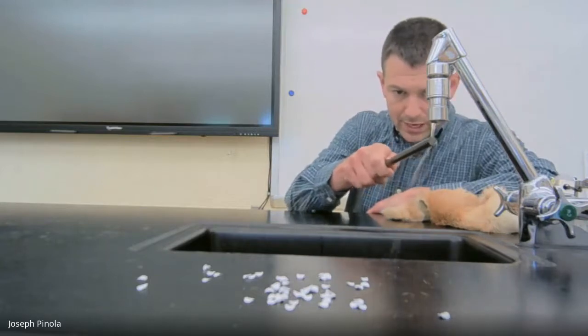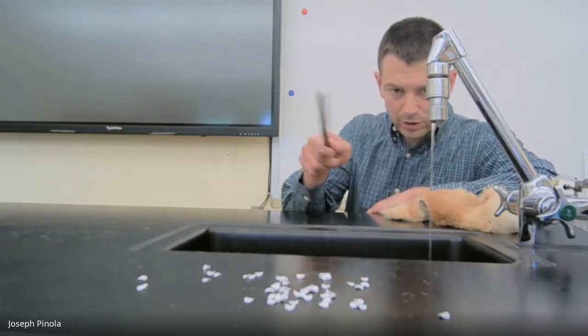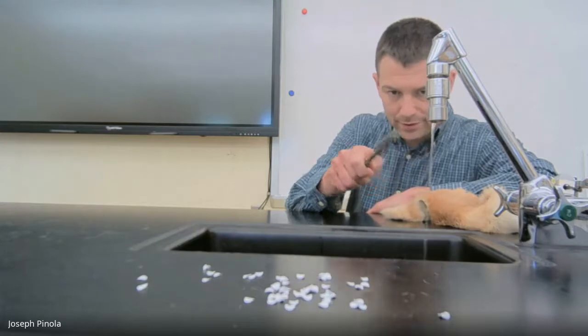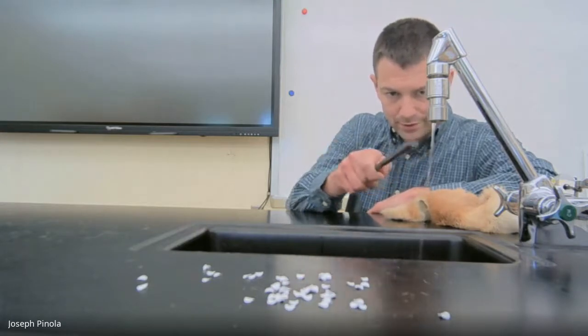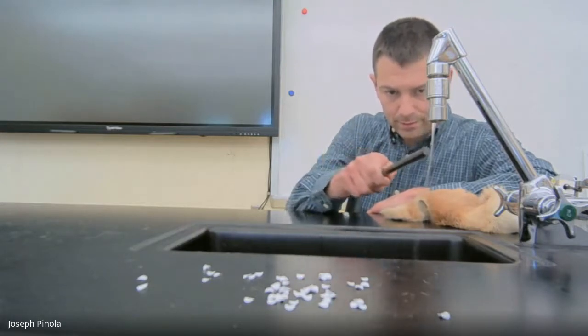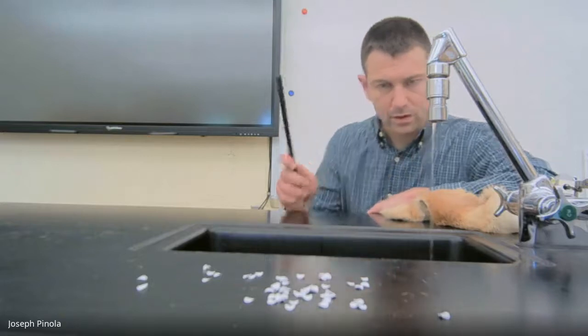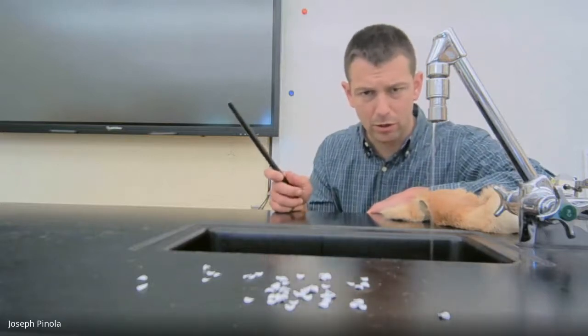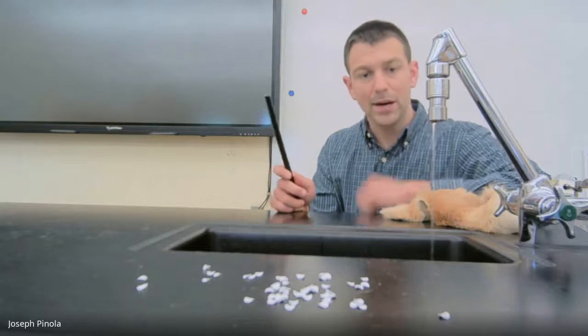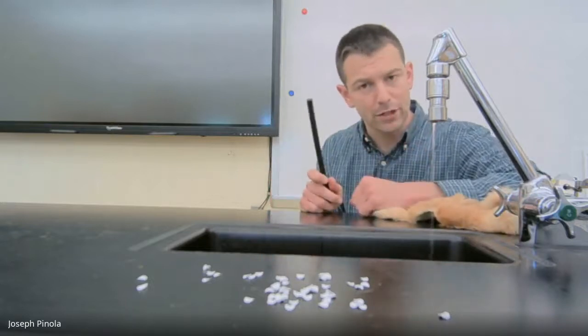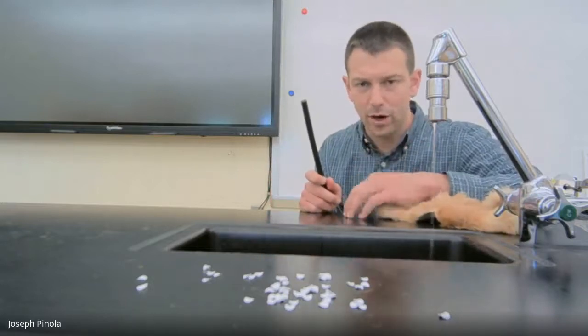And notice it now bends towards the rod. Water wouldn't normally do that. It wouldn't normally move towards something, but it moved towards the negatively charged rod, even though the water was neutral.